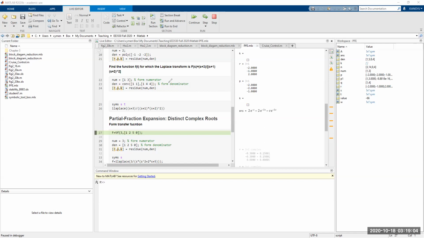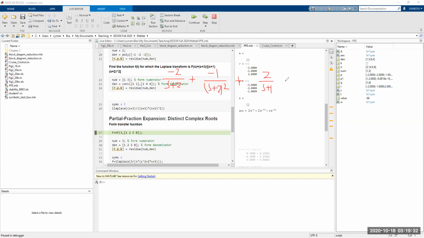So let's compare. From the partial fraction expansion, we have s plus 2 plus (s plus 2) squared. Then the coefficients are -2, -1, then plus s plus 1, the coefficient is 2.